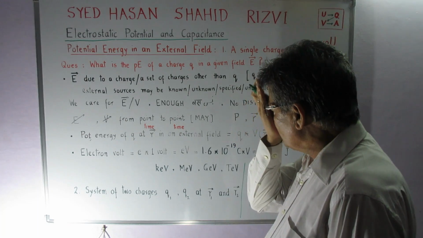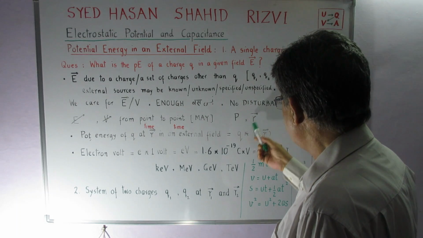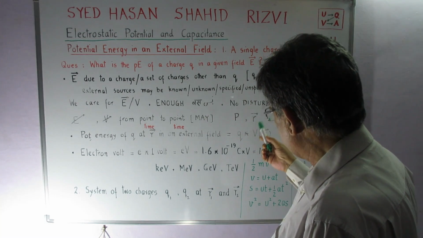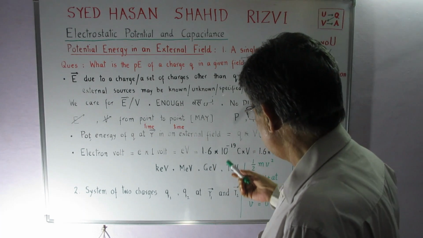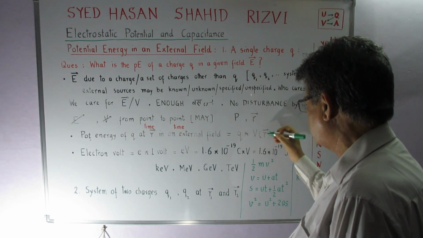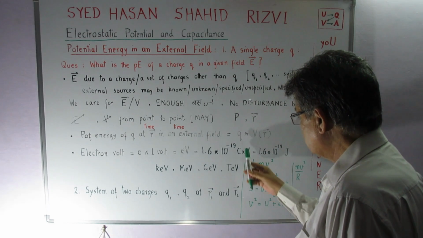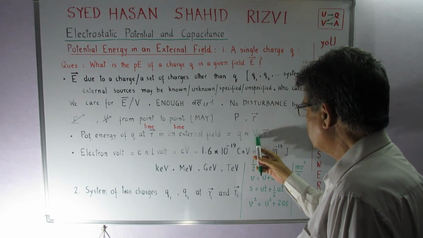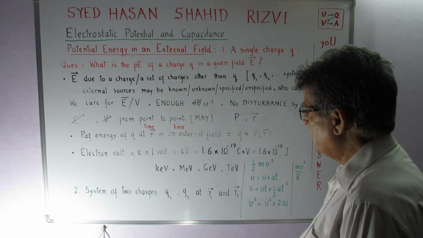Wherever there is a potential at any point, if we put that q, or even change the value of q, we get the charge multiplied by the potential.